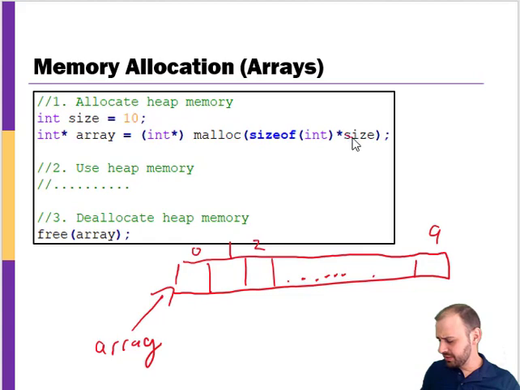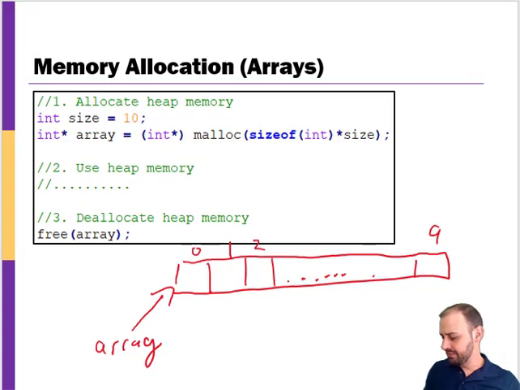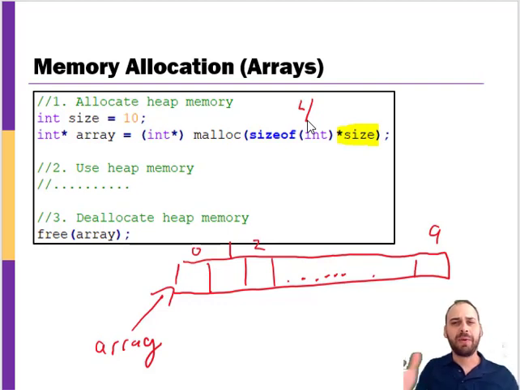We need to declare it not just for a single integer, but for a certain number of integers. If the number of bytes it requires to store an integer is 4 bytes, we multiply that by the size so that we have 40 bytes. It's the size to store that entire array that we want in the heap memory region.